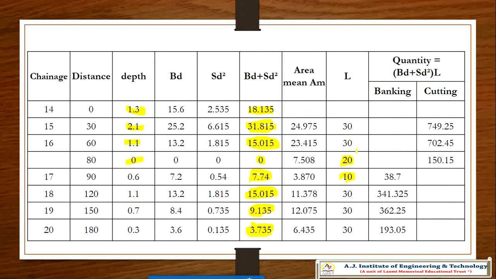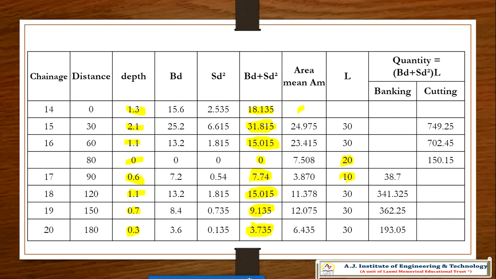But we got the distance, right? So we got the distance 32, and again 60 to 8 we have the distance. At the center we don't have it, but that is what we are doing with the mean. Again 0.6 and 1.1, 0.7, so 0.3. For this depth we got the area of each sector. So now what is mean area?